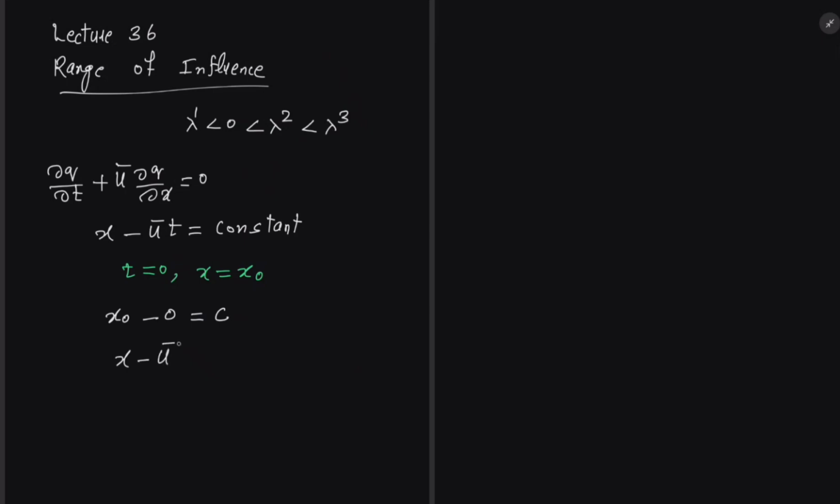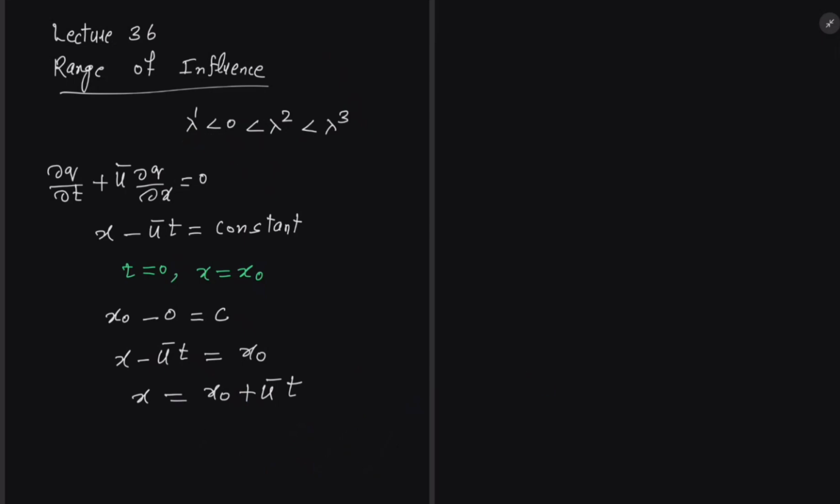So x minus u bar t is equal to x naught, and x will be equal to x naught plus u bar t. And this characteristic will look like this. When x naught changes, we get these characteristics, and so on. Okay. Now we move to our problem.